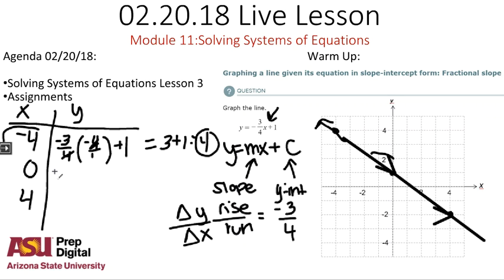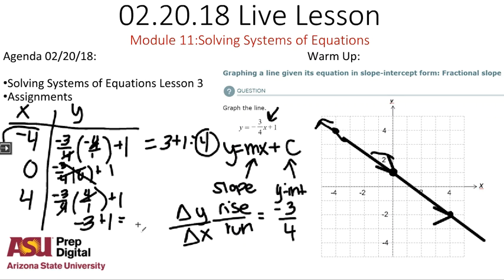And then if I plug in 0, I get -3/4 times 0 plus 1. Well, anything times 0 is 0, so that's why there's a point at 0, 1 right here. And then if I do the same thing with +4, I'm going to get this fraction here, which is -3 plus 1, which gives me -2.